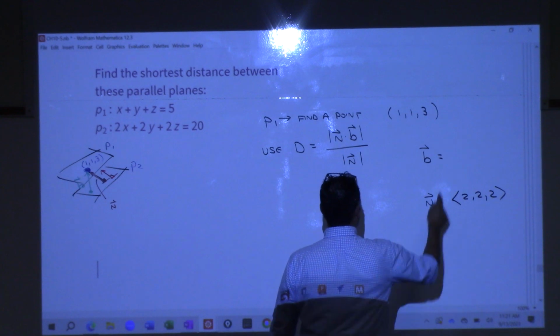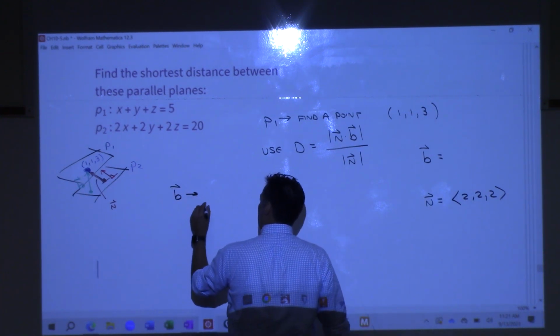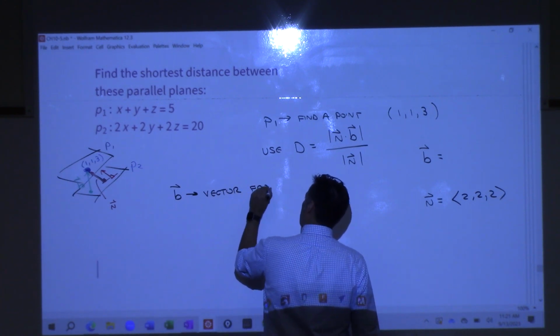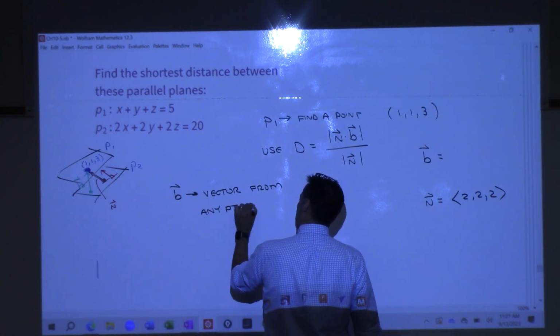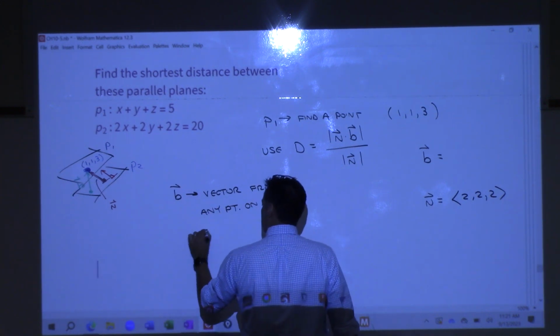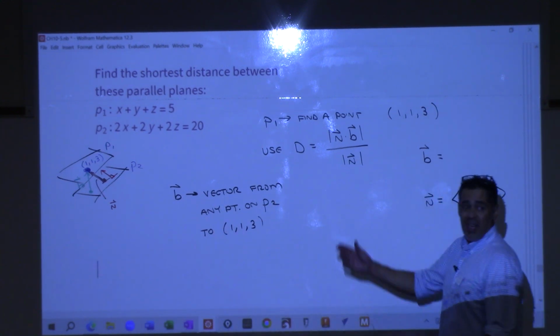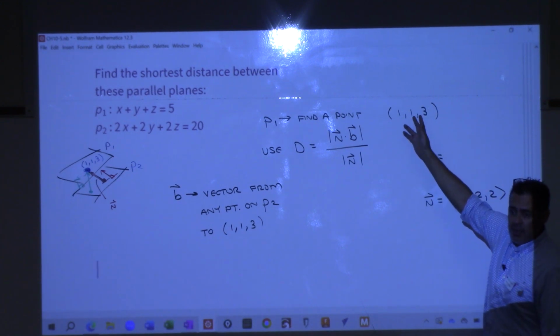So for B, let's work on B over here. For B, this is a vector that's going to be from any point on P2 to the point that we started this with, (1, 1, 3). Which again was kind of arbitrary, wasn't it? Like (1, 1, 3), we could have used anything that worked there.